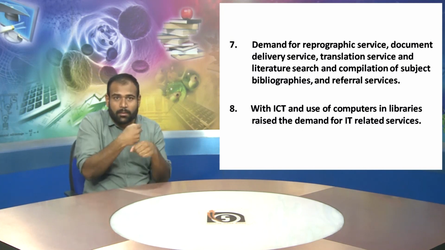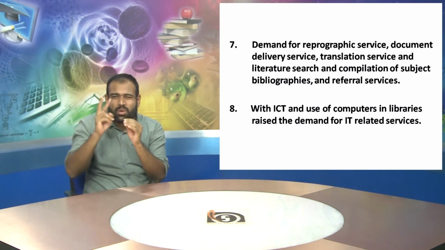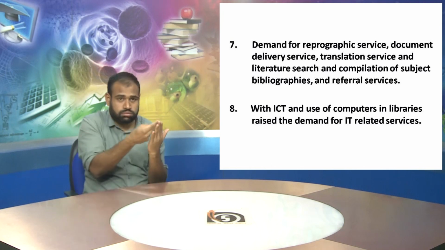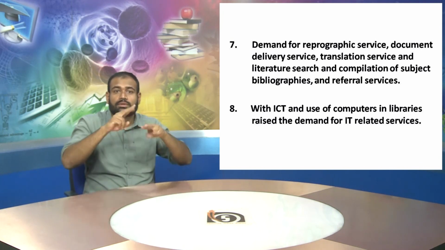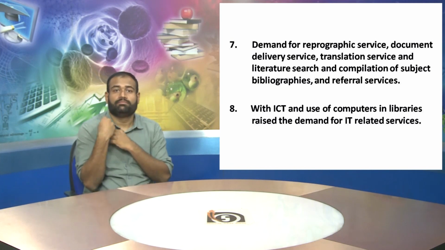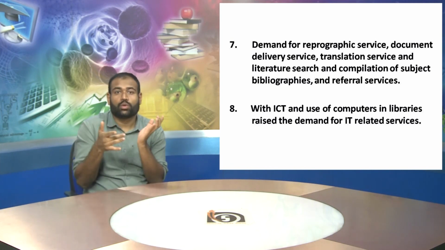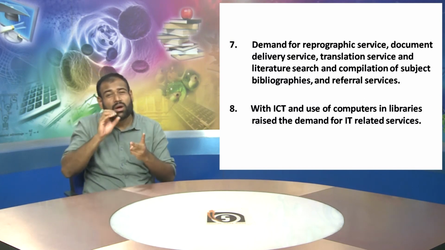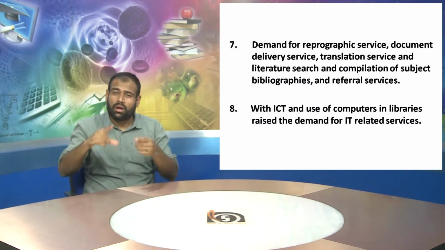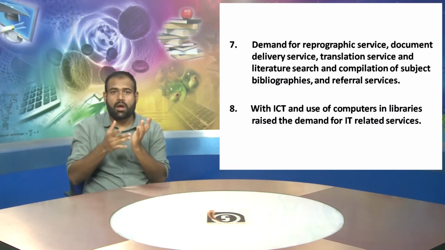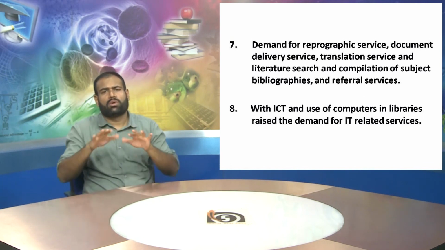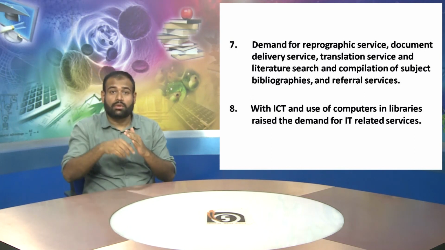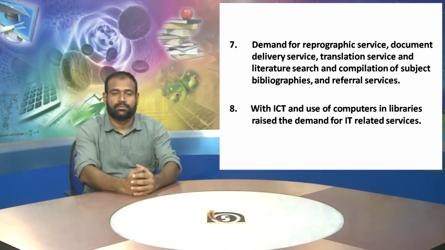And also, with the help of ICT and use of computers in libraries, it raised the demand for IT-related services, as ICT has made the use of library more smarter. We will discuss these points in further details in further slides.